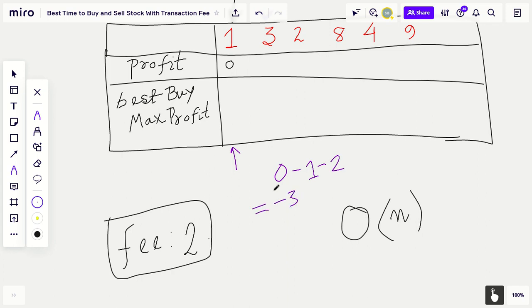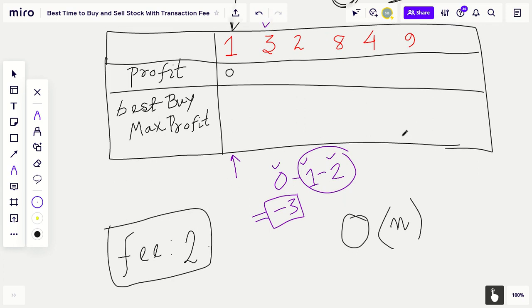This is how the calculation will be given: the previous profit, the current price, and the fee. You have to subtract the summation of your current price and the transaction fee, that is the total amount of money you have to give to buy this stock. So this is going to be minus 3.